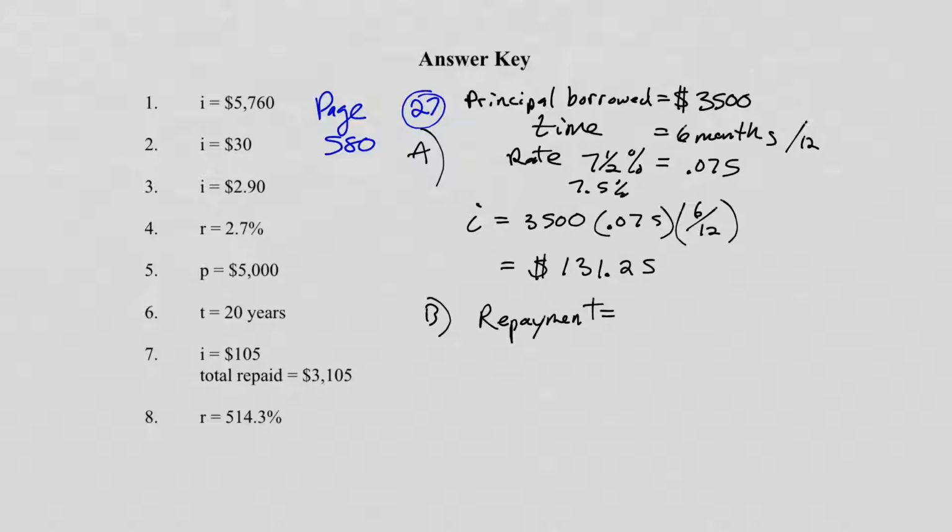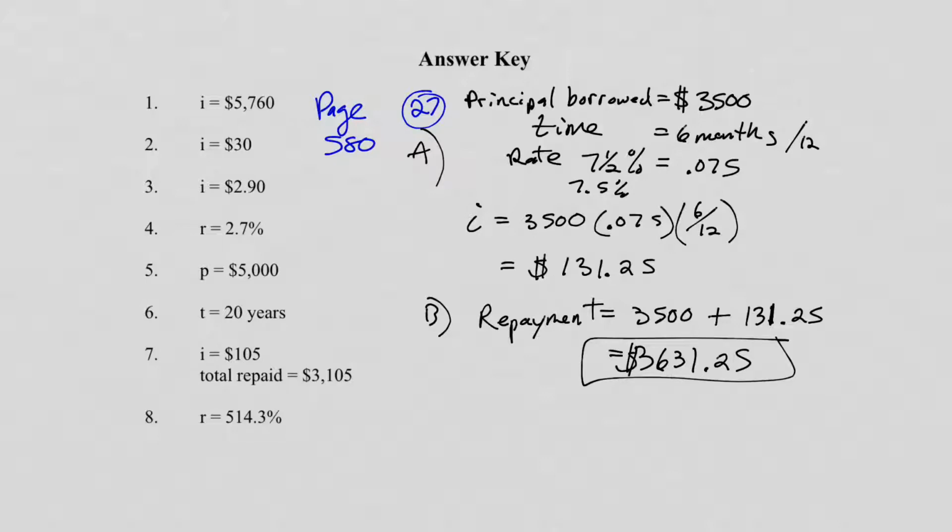That's how much she borrowed plus the cost of borrowing, so that's 3,631.25. She has to make sure she has enough to pay back the loan plus the interest. That's it for 10.2, and we'll see you in the next video.